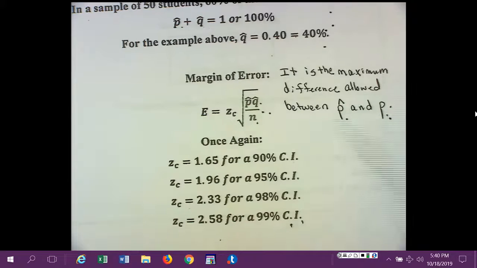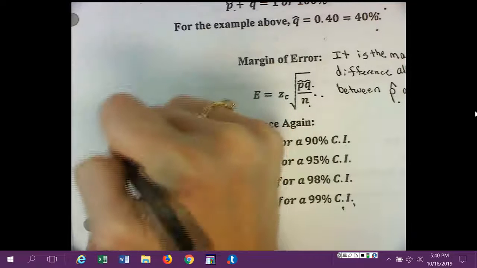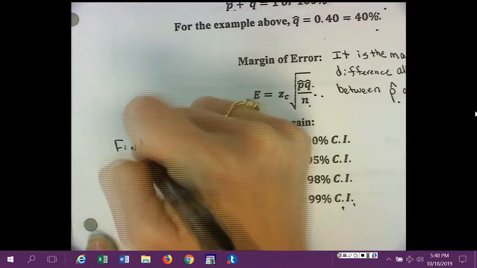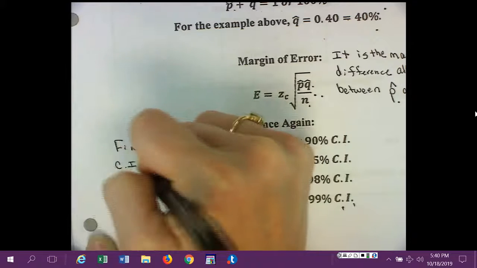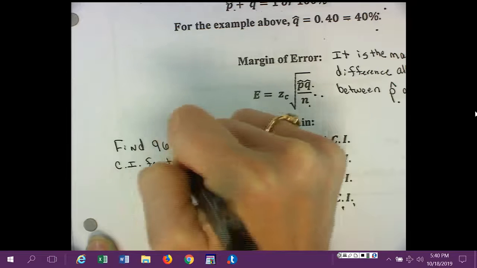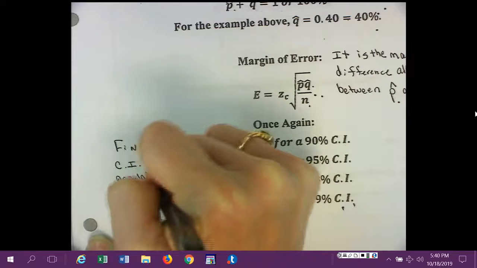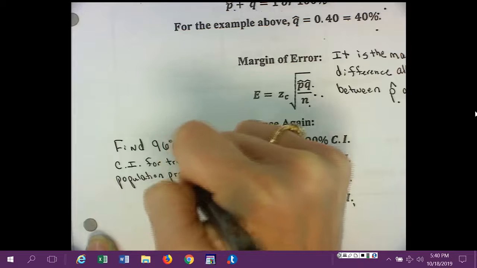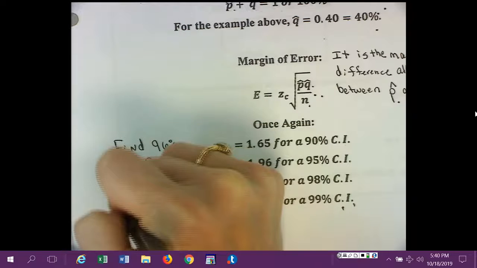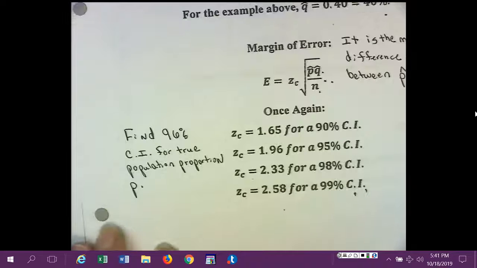This means that I have the right as your teacher to ask you to find the 96% confidence interval for the true population proportion rho. Even though it's not one of the four famous ones, I can ask you for 96%, 94%, 92%.